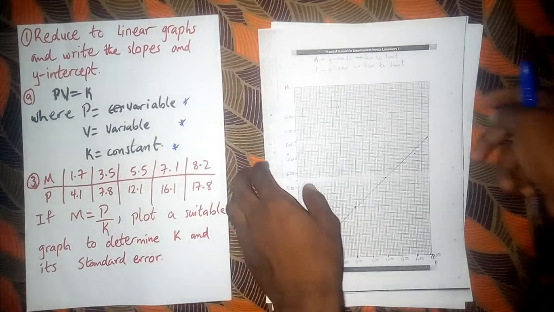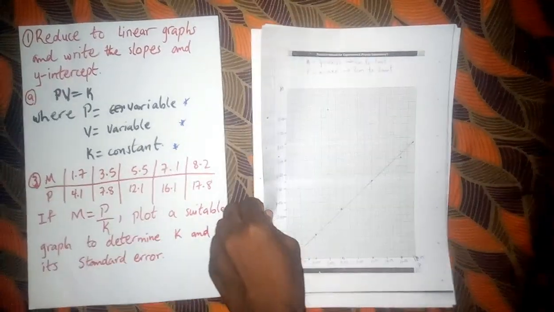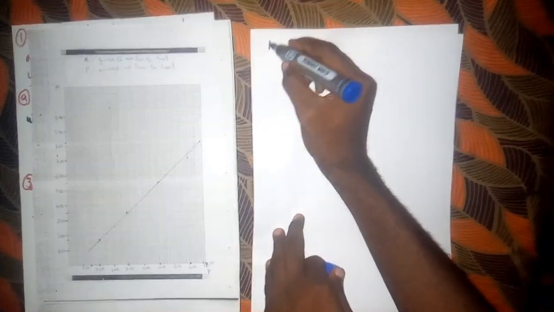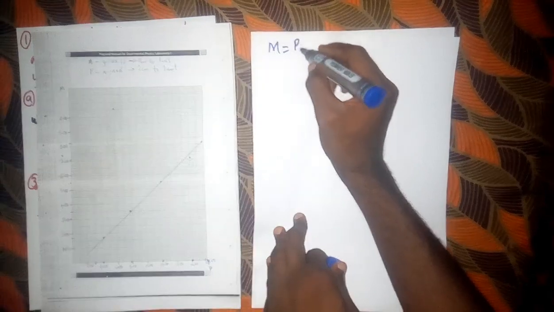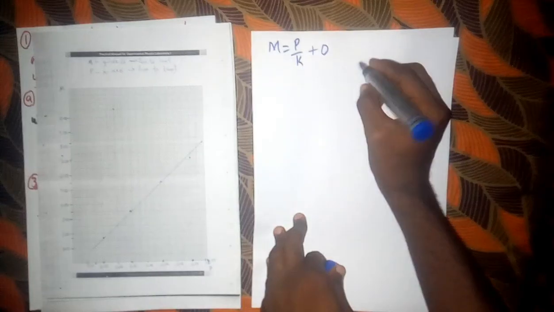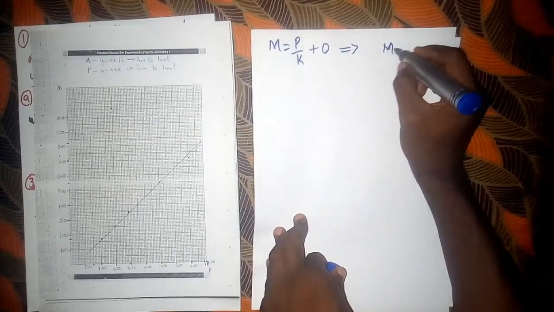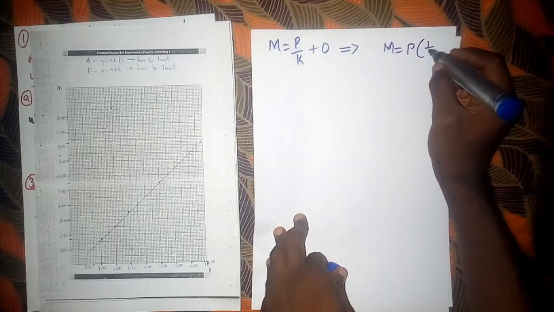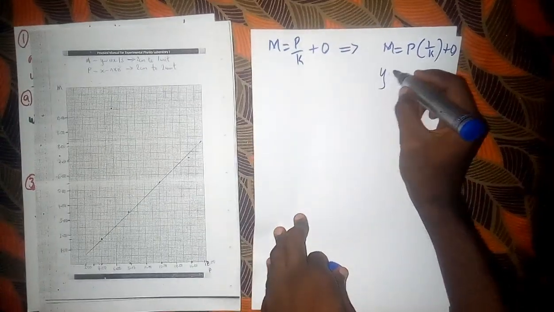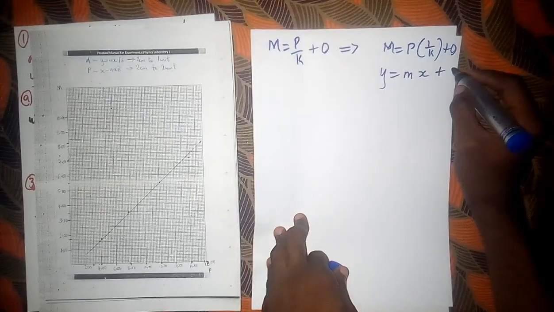So let's find the value of k. To find the value of k, take note that comparing the equation m equals p over k, or m equals p times 1 over k plus 0, with our linear equation y equals mx plus c.